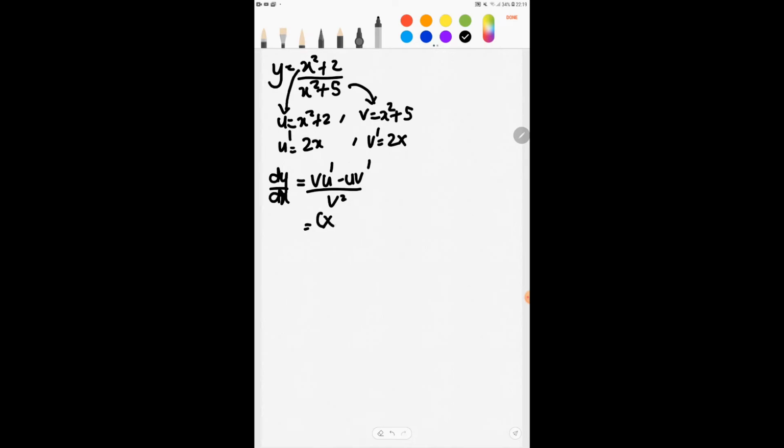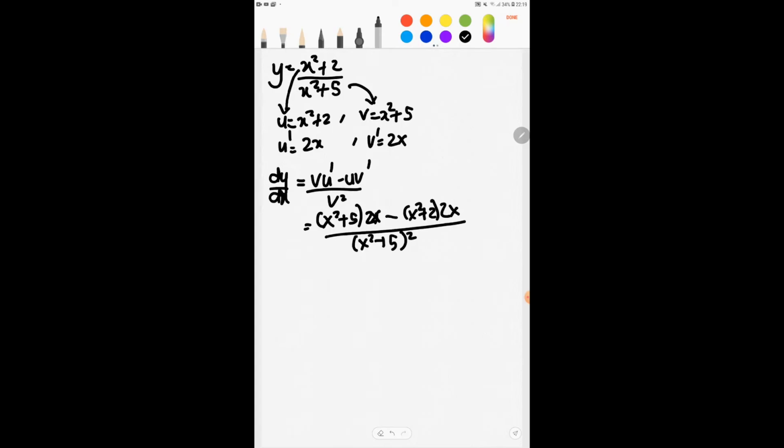So we get (x squared plus 5) multiplied with u prime, which is 2x, minus u, which is (x squared plus 2), multiplied with 2x, v prime is 2x. And then we divide with (x squared plus 5) squared.